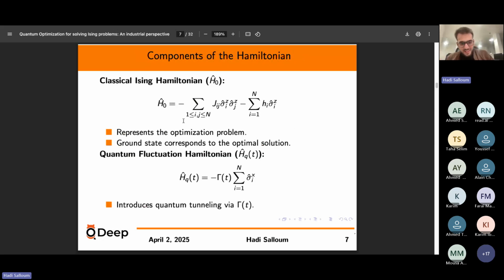We have the classical Ising model, which is a popular model, and here J_ij, I will call it in terms that people right now use in quantum algorithms, is the coupling energy between the spins.